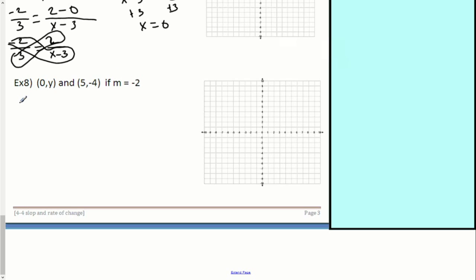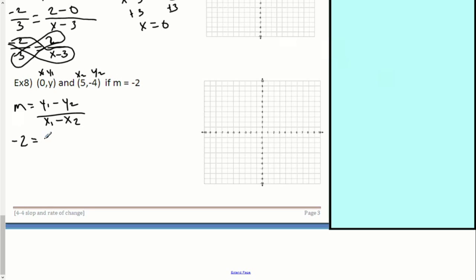Well, first write the equation. Slope equals y1 minus y2 over x1 minus x2, which becomes negative 2 equals x1, y1, x2, y2.